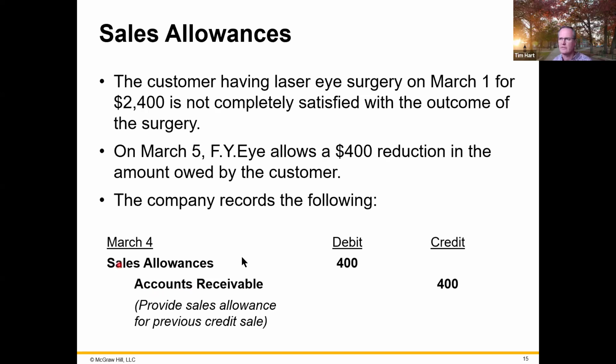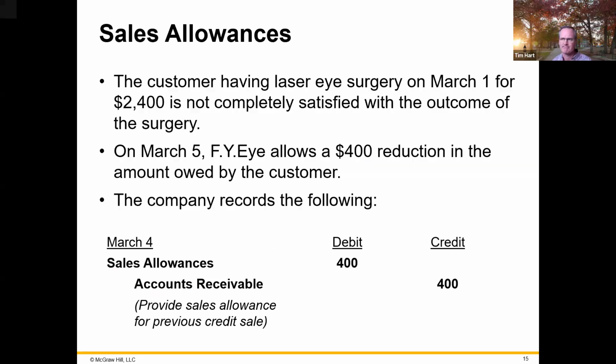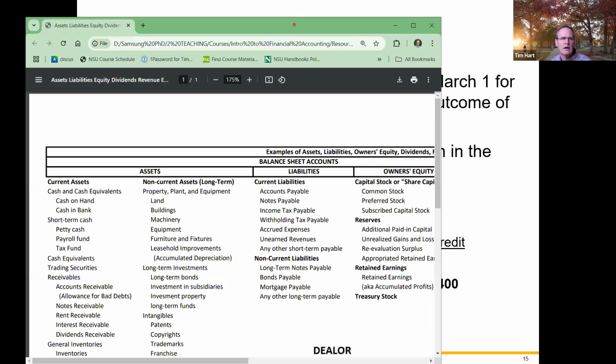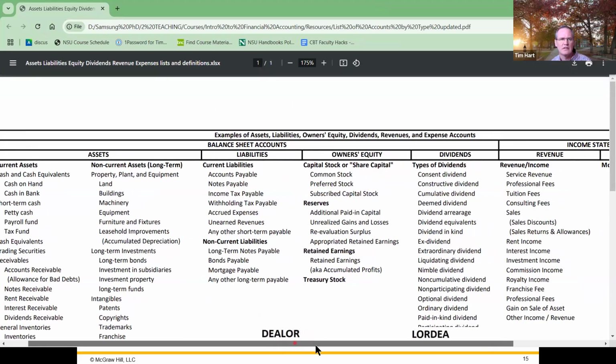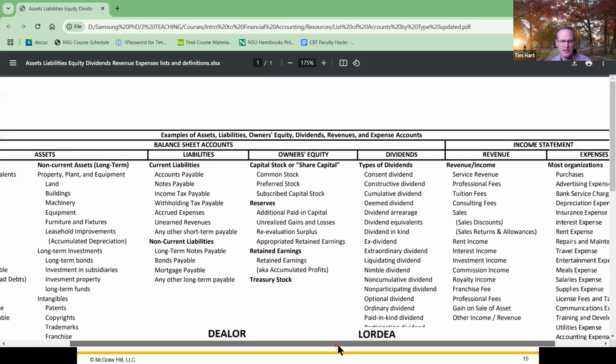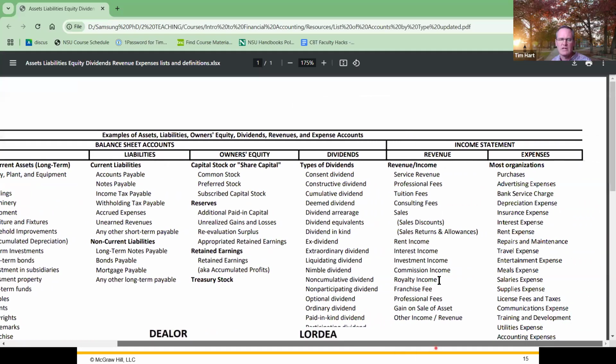And I want to point out one thing real quick here on this sheet that has all the different types of accounts for all the different categories. You see over here in the revenue, sales discounts, returns, and allowances are indicated in parentheses. That means in this sheet they are contra accounts.